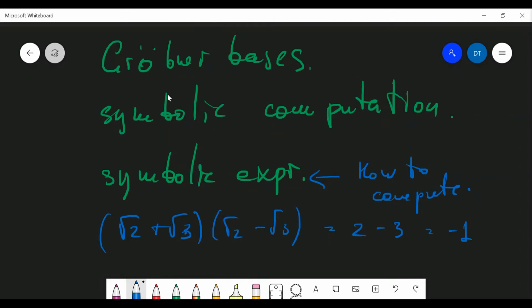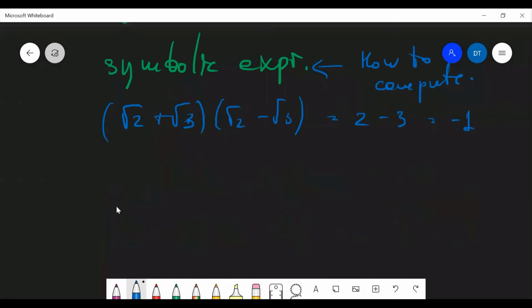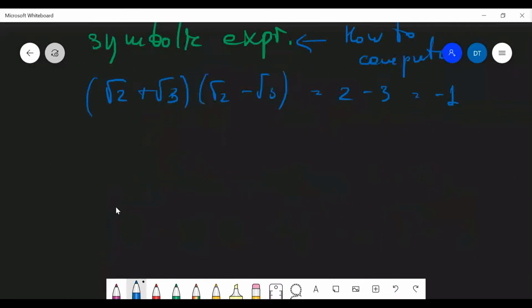And actually, the Grosvenor basis is not the only one, but it will provide you with some things to do this kind of stuff. There are a lot of other techniques, but this is one of them. And currently there is a lot of software that can do symbolic computation, and I just want to name some of them.